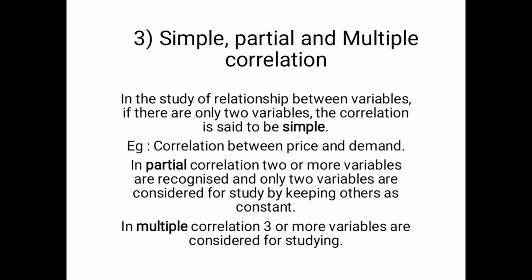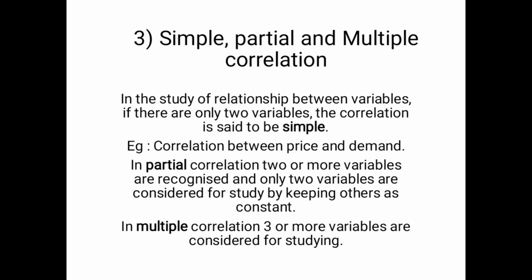Then what is multiple correlation? In multiple correlation, three or more variables are considered for the study. For example, study of relationship between yield of rice and both the amount of rainfall and temperature.